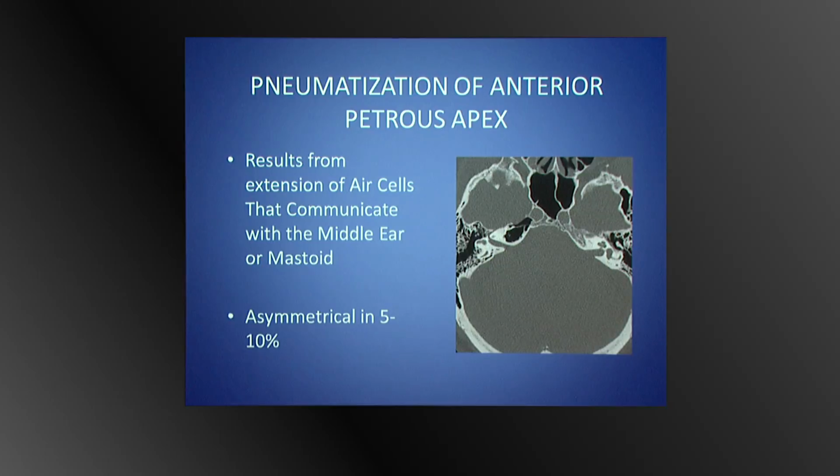The pneumatization results from extension of air cells that communicate with the mastoid or the middle ear, and the whole reason for even discussing this, the most important is that it's asymmetrical in 5 to 10% of people. So you do get asymmetrical pneumatization, which is obviously relevant to us.